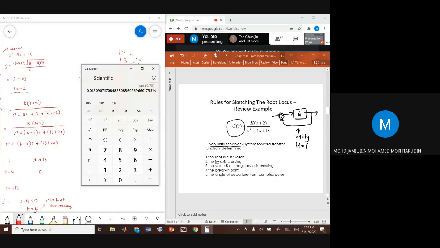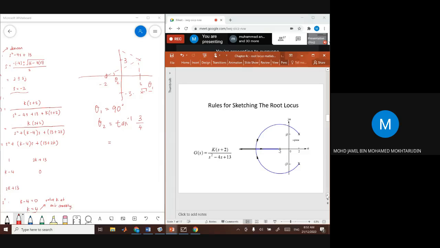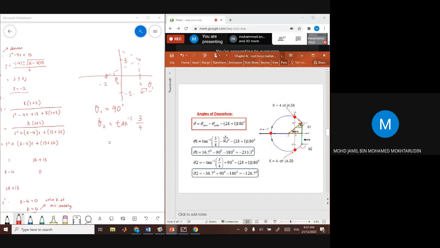cannot calculate. Okay, look at the answer. 36.7. Okay, so to get the angle of departure, theta zeros minus theta poles minus 180.